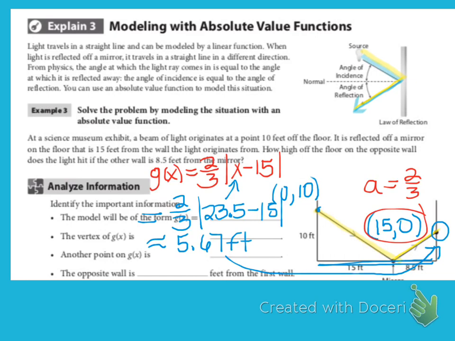It's typically easier to describe it using a vertical one, in other words, trying to find A instead. Then you simply plug that extra point and the vertex into the general vertex form and solve for A, or for B if you've decided to create your equation using a horizontal stretch or compression.